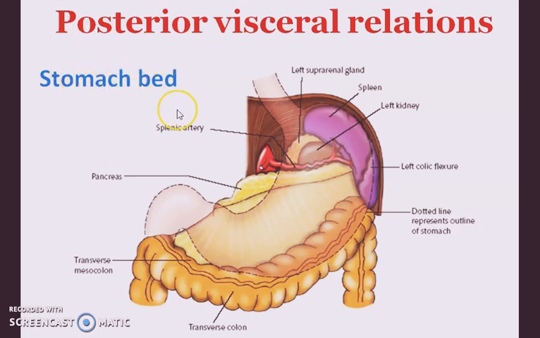The stomach bed is formed by the diaphragm, left kidney, left suprarenal, splenic artery, pancreas, transverse mesocolon, transverse colon, and left colic flexure.